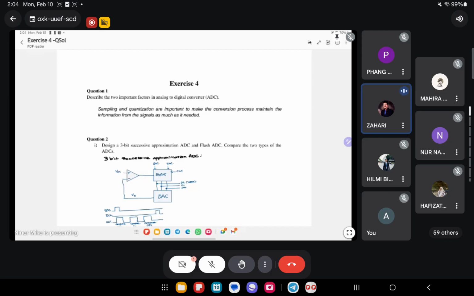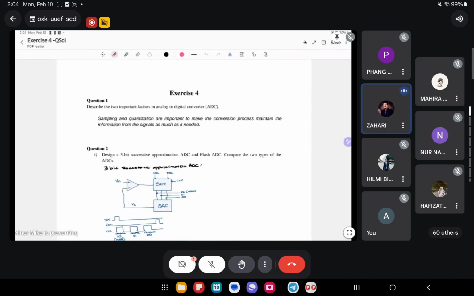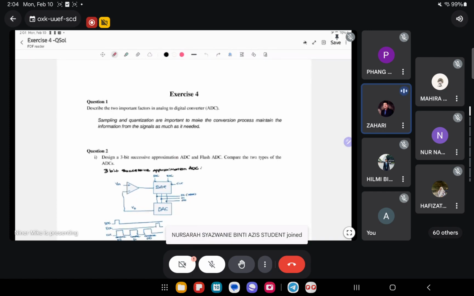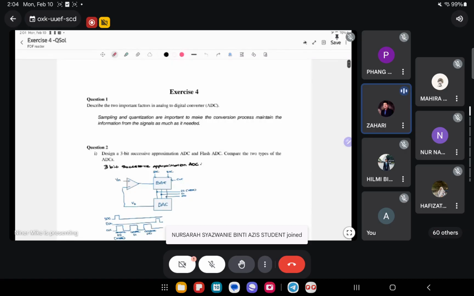Before we start with this one, I would like to recall your knowledge, perhaps, on instrumentation. The first block diagram that you have learned in instrumentation, what is this?